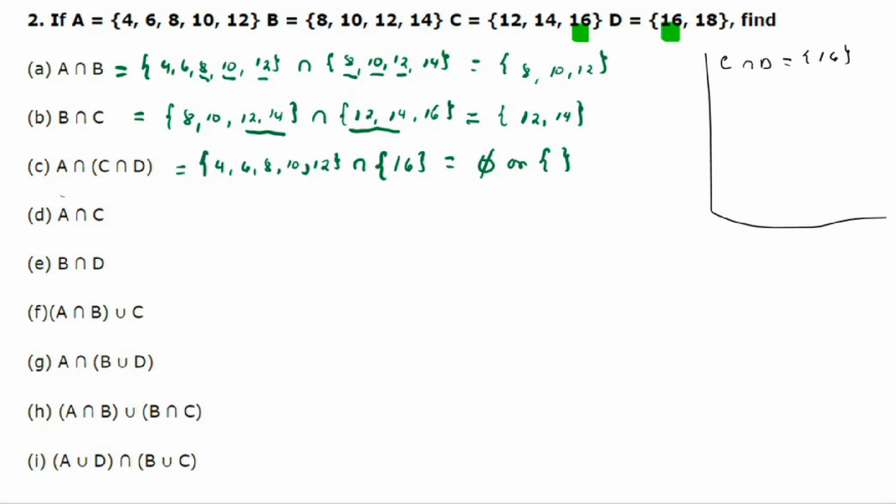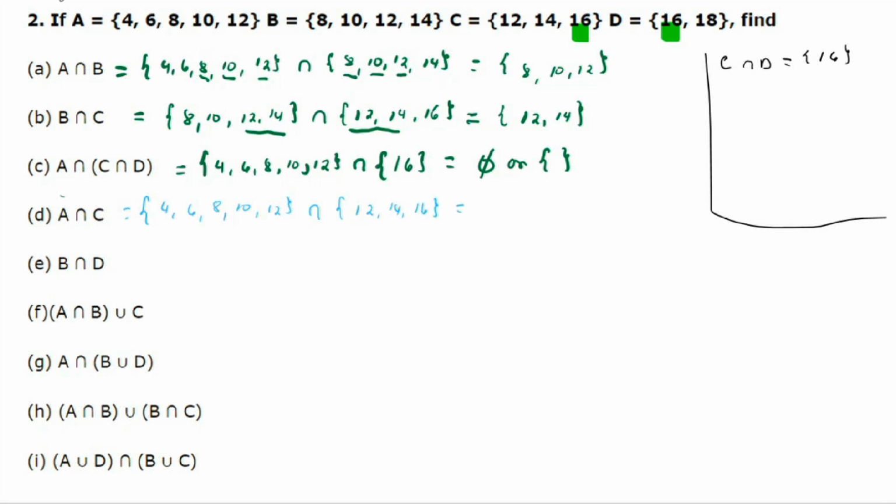Then for letter D, I have A intersection C. We have A: 4, 6, 8, 10, 12, and intersection C, whose elements are 12, 14, and 16.